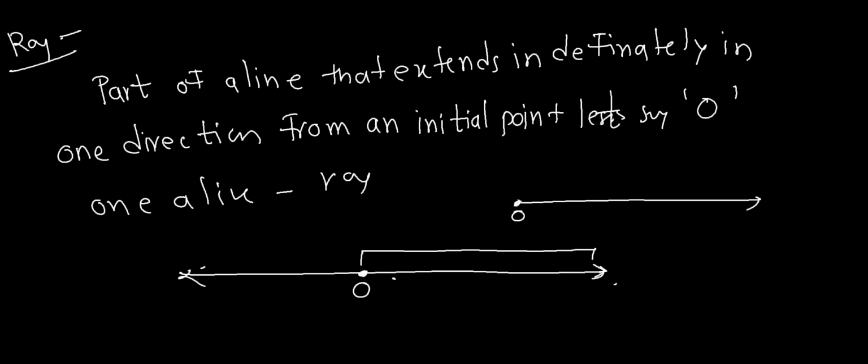So this is a ray. The initial point we mark as O, and this part of the line extends indefinitely in one direction.